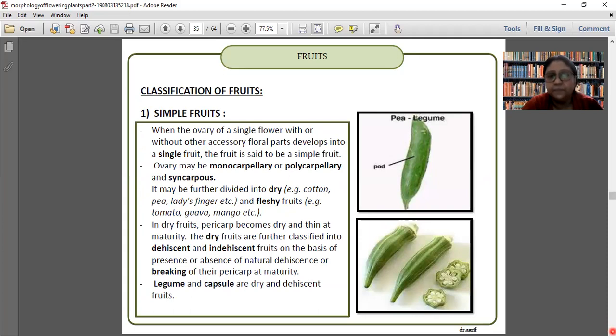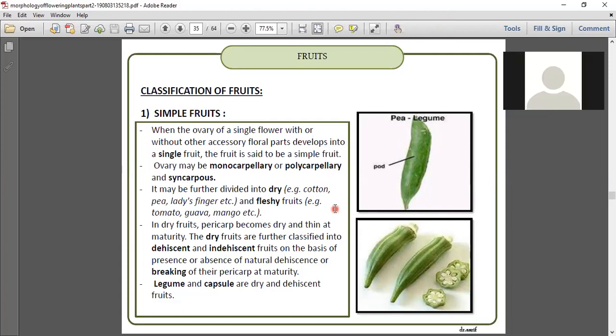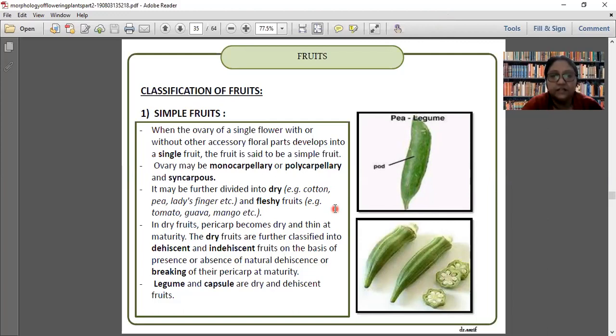Fruits can be simple. When there will be simple presence of simple fruit? When we are talking about a type of fruit where there is monocarpellary or polycarpellary part is present, but it doesn't have the other floral parts.